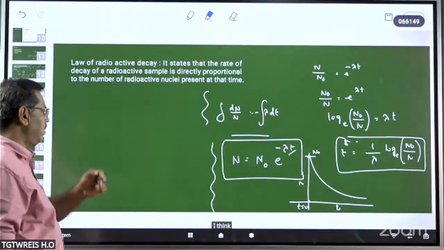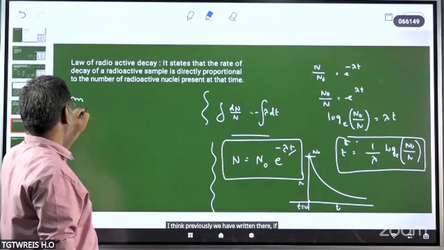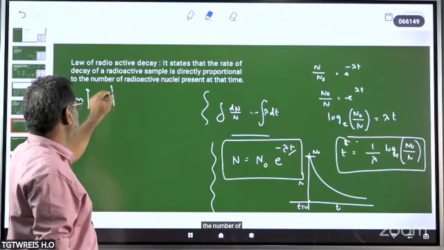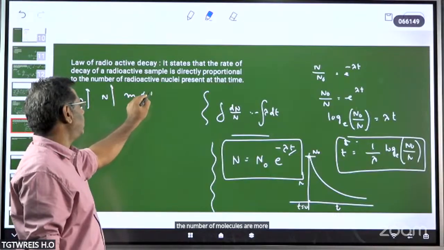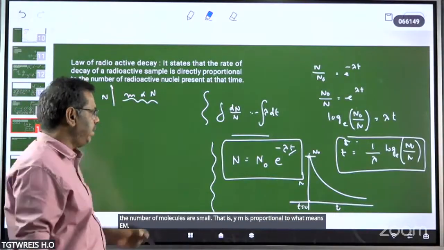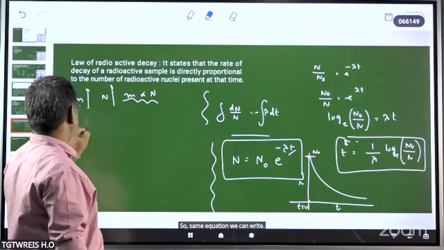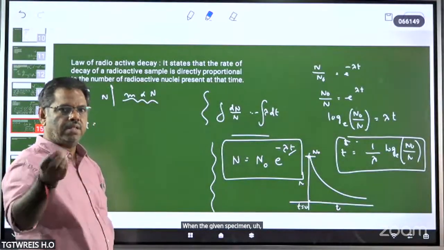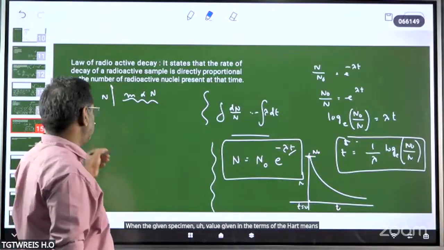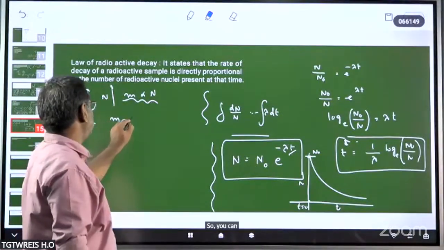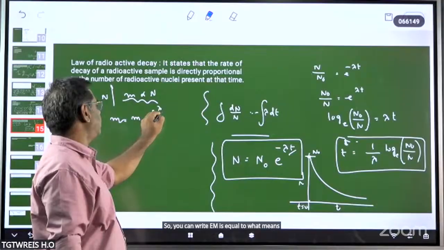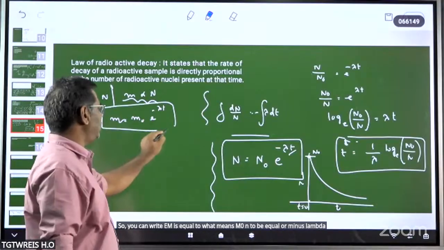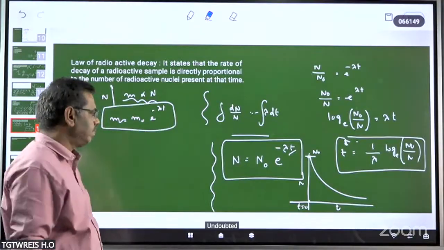One more thing I would like to tell here is, I think previously we have written, if mass is more, the number of molecules also is more. That is, M is proportional to N. So the same equation we can write when the given specimen value is given in terms of masses. So you can write M is equal to M naught into e power minus lambda T. That also we can write undoubtedly.